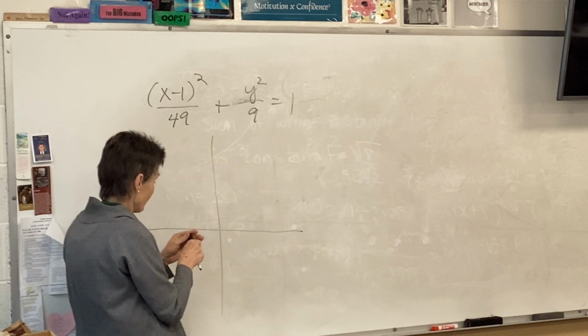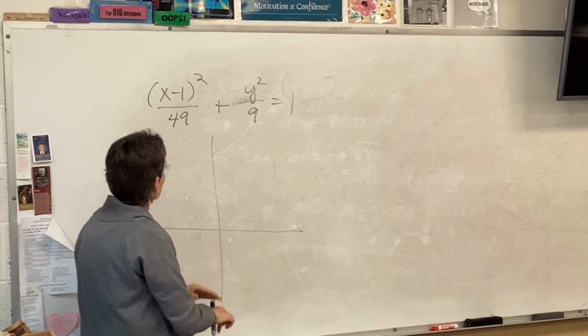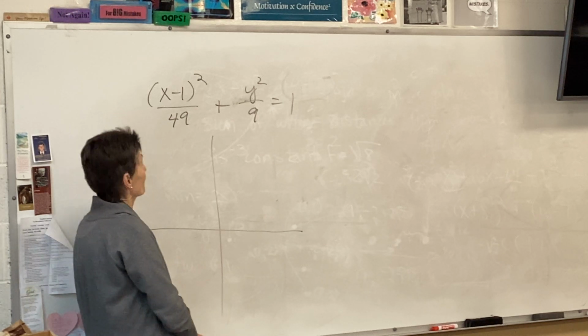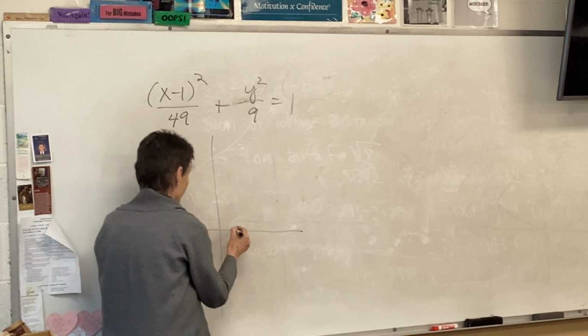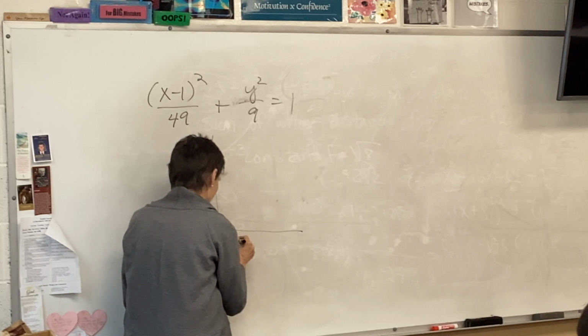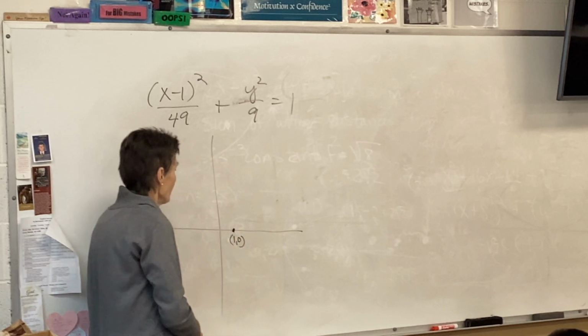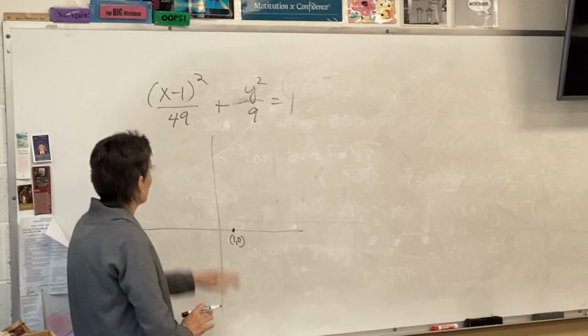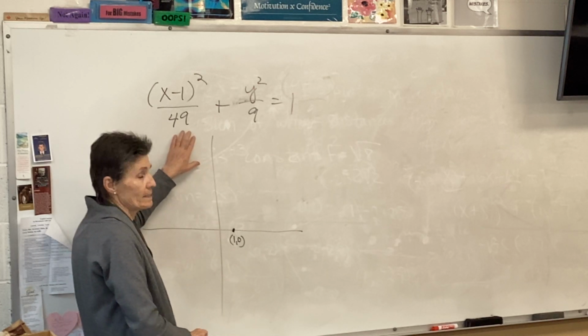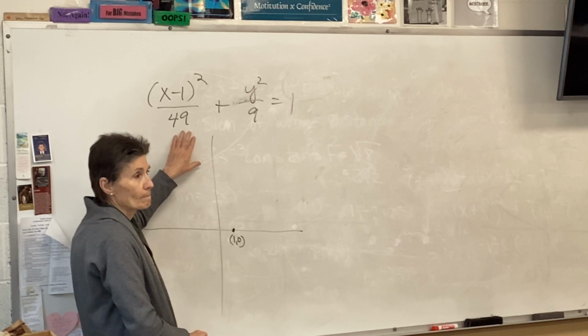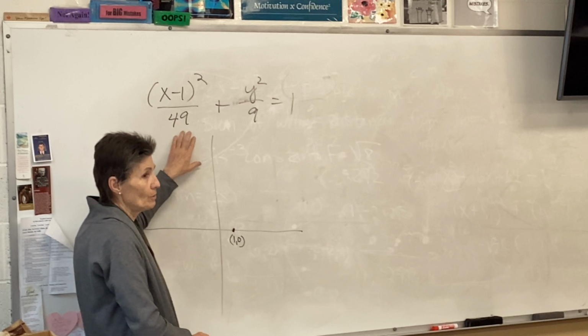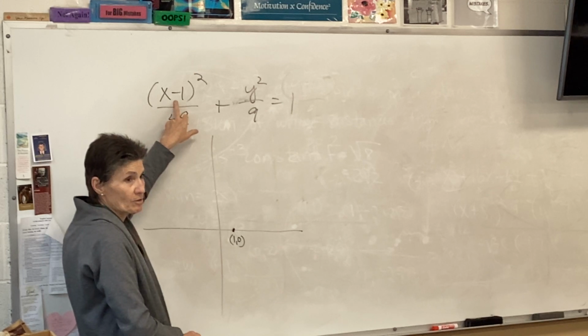The first thing we need to find here is our center. Where is our center? 1, 0. All right, very important. Start with the center. Now, what does this 49 tell me? I'm going to count 7 in the X direction.